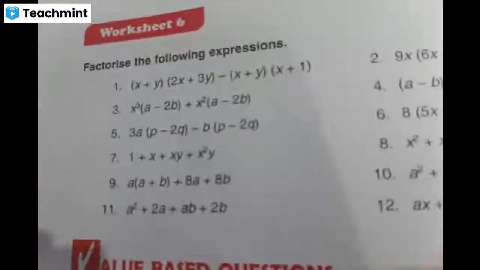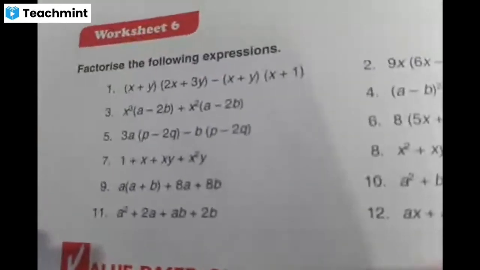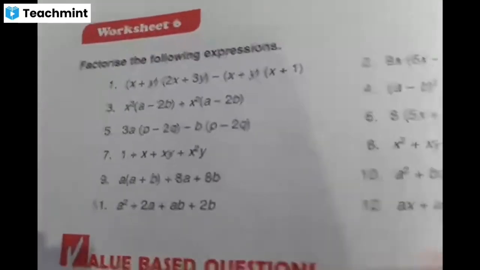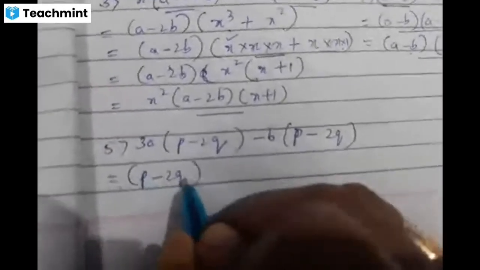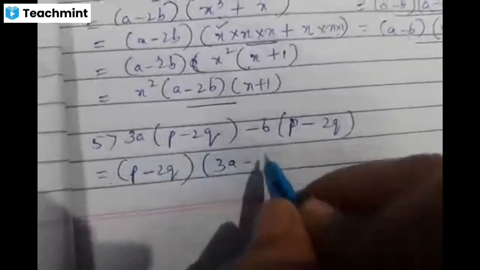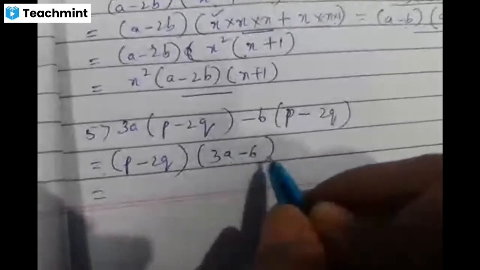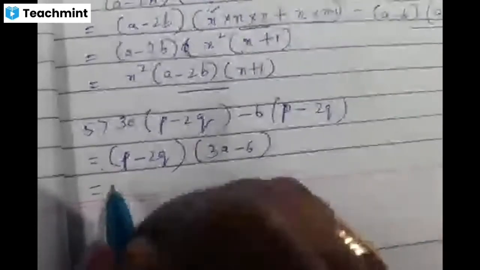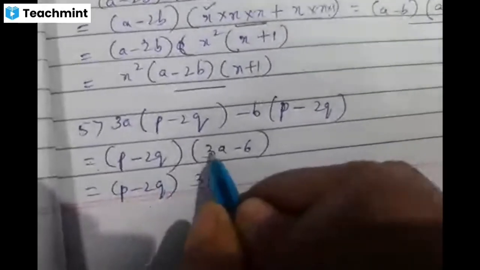Question number 5. 3a into p minus 2q minus 6 into p minus 2q. By observing only you can understand which binomial is common, p minus 2q, and 3a here, minus 6 here. 3 and 6, which is the common term children? 3 is common. So p minus 2q, 3 into, I'll take out 3 here.